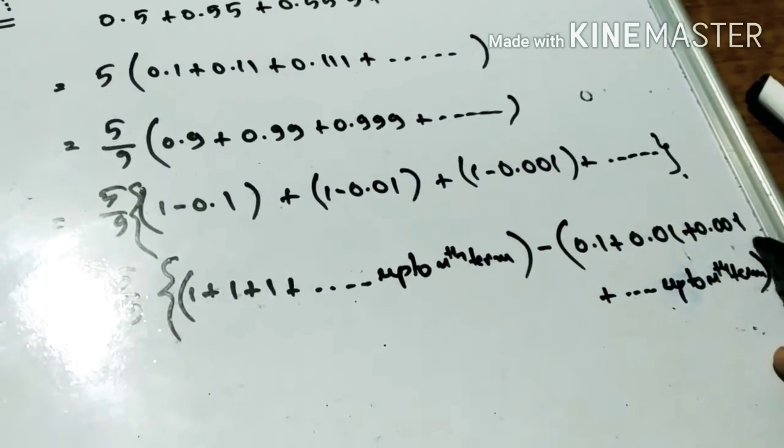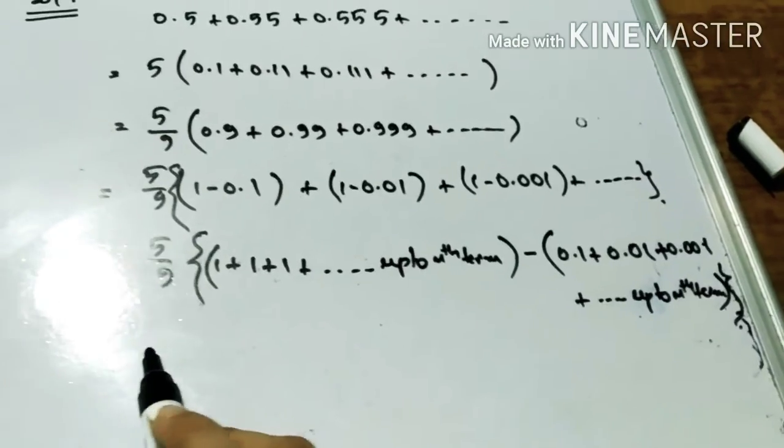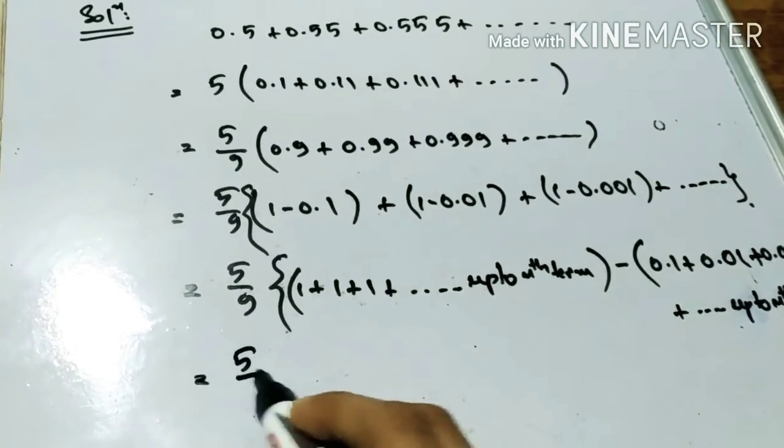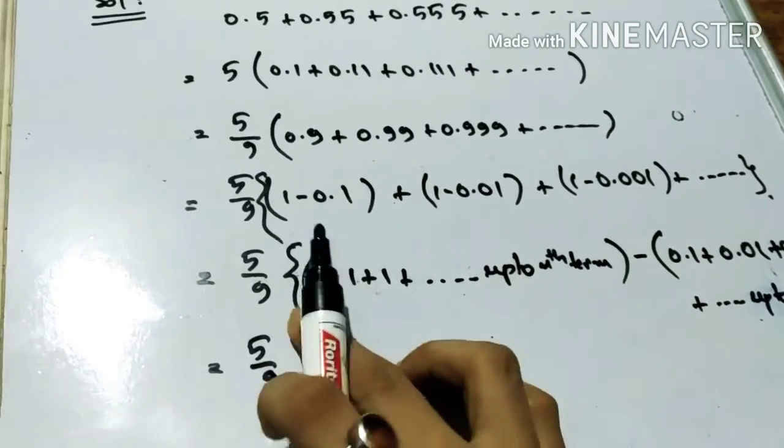Curly bracket close. Finished. So this is equal to 5 by 9.